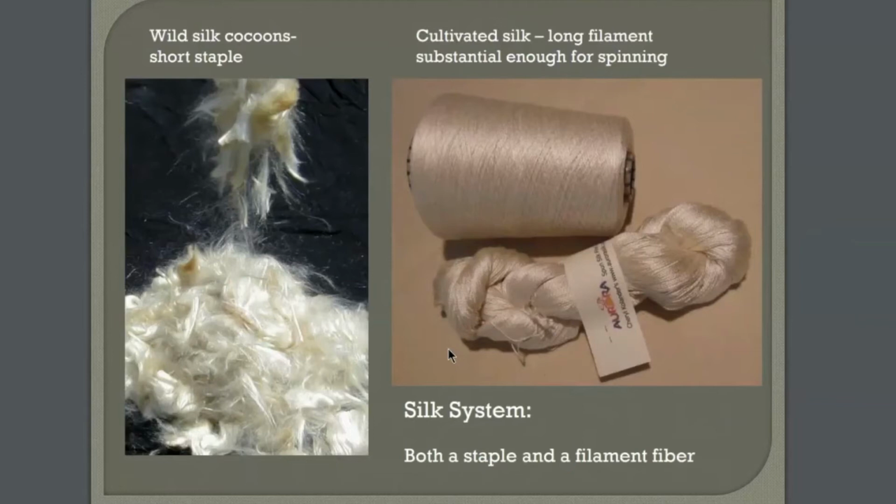When that cocoon is broken, it produces short staple silk fibers, rather than cultivated silk, where the cocoons are dropped in a vat of boiling water and the silk fiber is harvested, creating those long ones. So there's really a difference in what those look like.